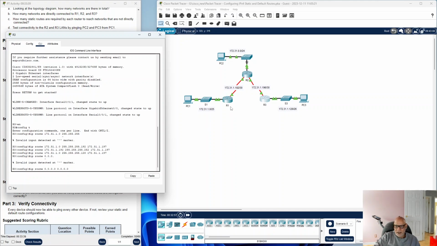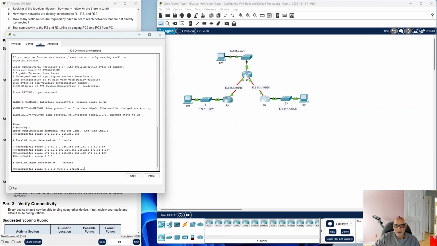Now R3 is connected to R2, right? So the next hop IP address is 172.31.1.